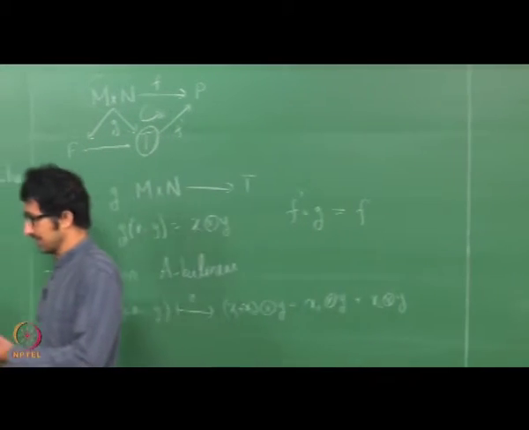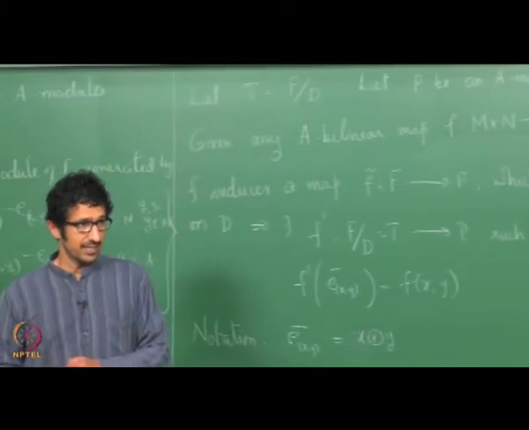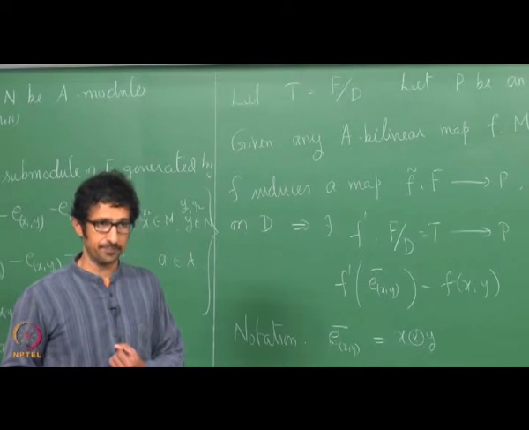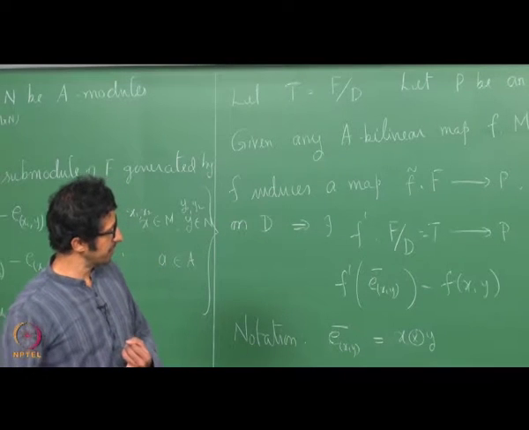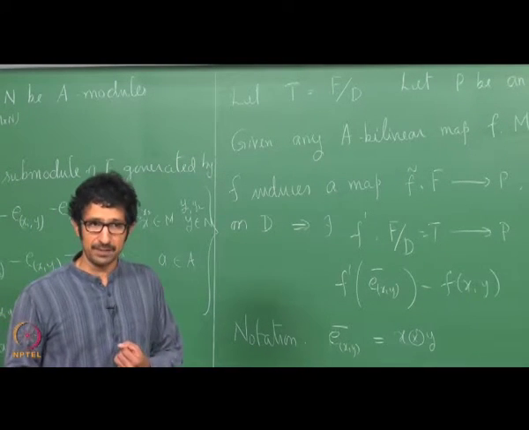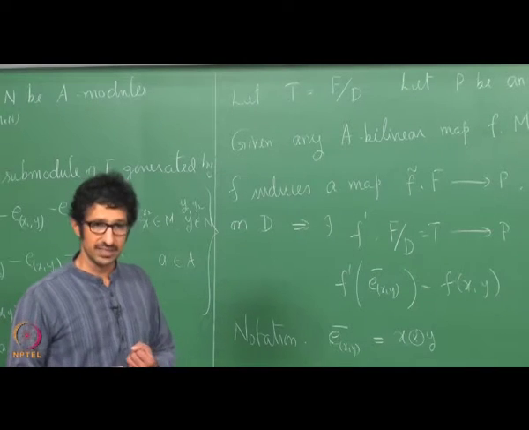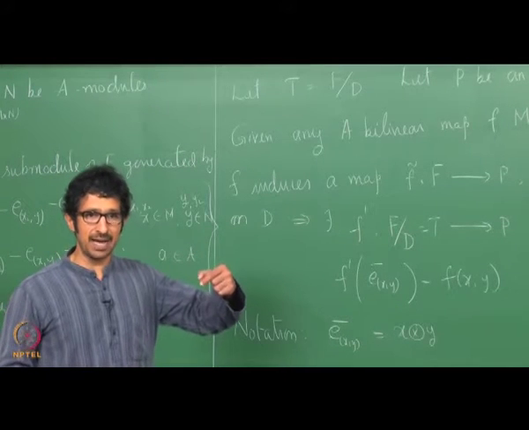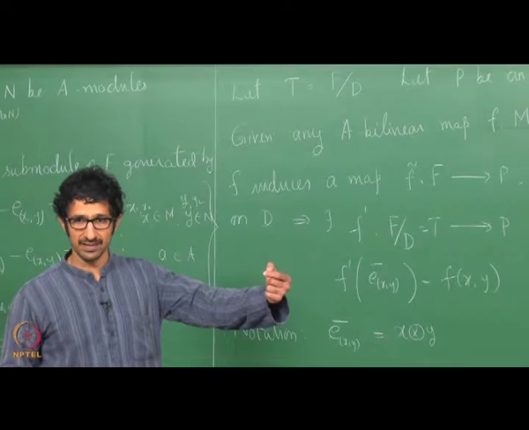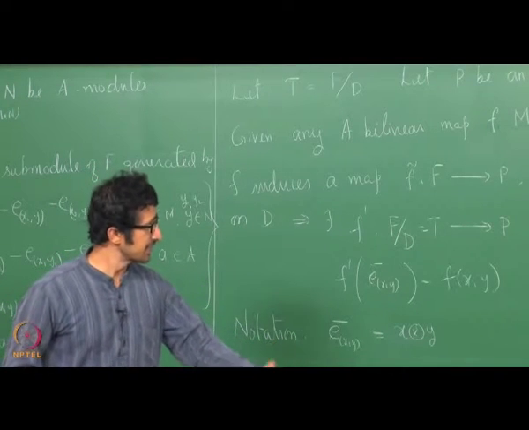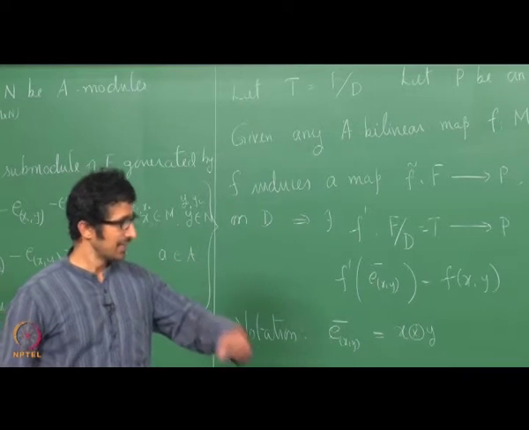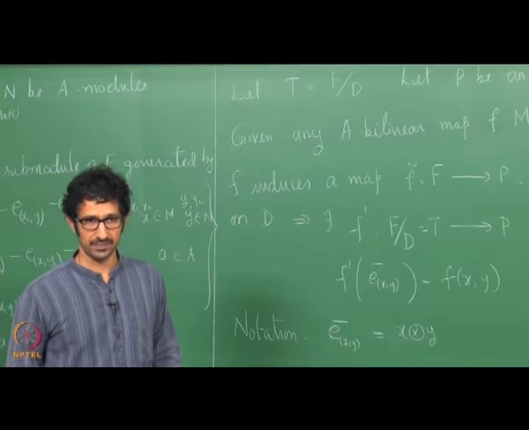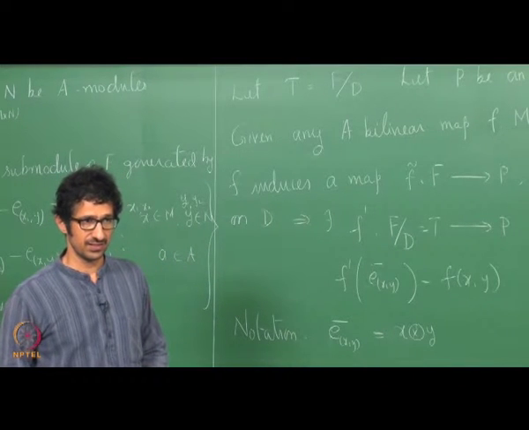So what we have done is we have produced an A module called T, and we have produced a bilinear map G from M cross N to T, such that given any bilinear map F from M cross N to P, I have a map F prime from T to P such that F prime composite G is the same as F. Okay.